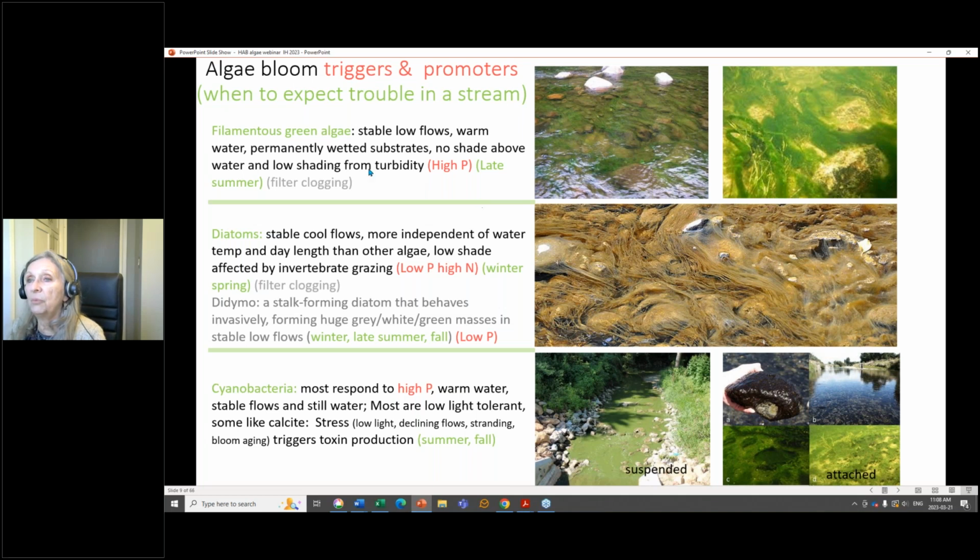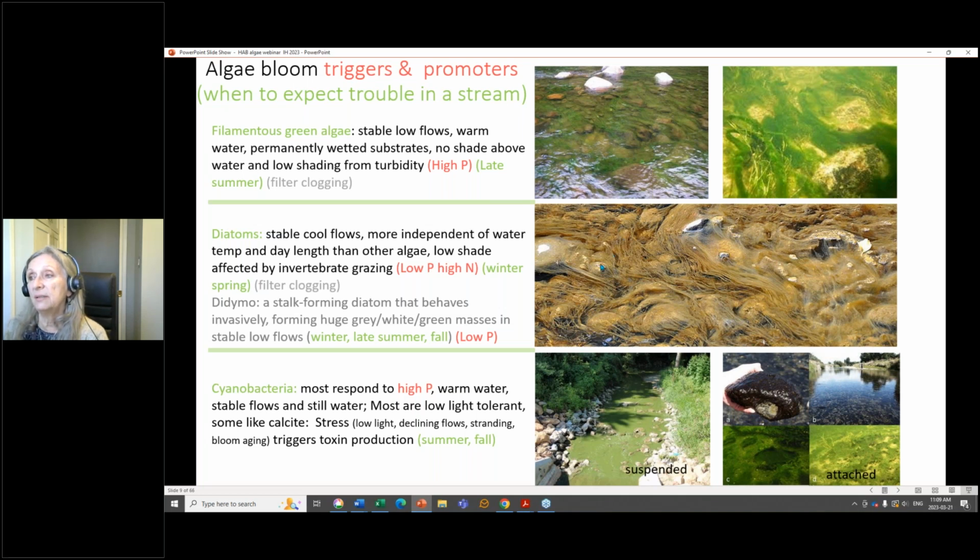So at the top with filamentous green algae, you're most likely to have a bloom during stable low flows, warm water, permanently wetted substrates are required, of course, no shade above the water, and low shading from turbidity, together with high phosphorus. And you expect this most, so these upper images here, in late summer.